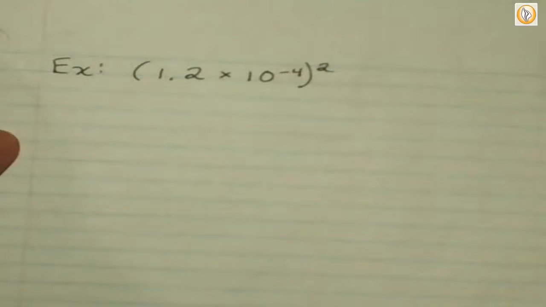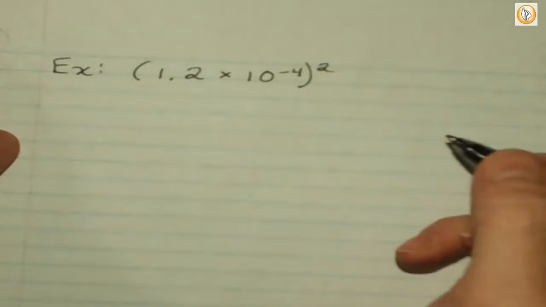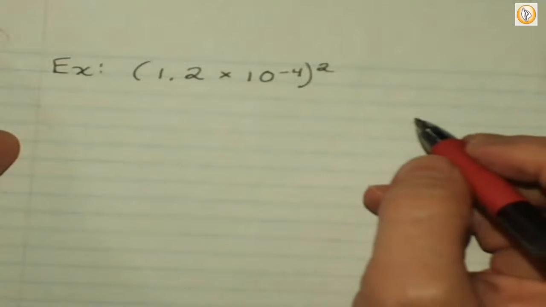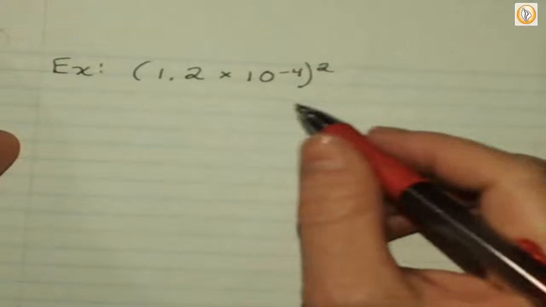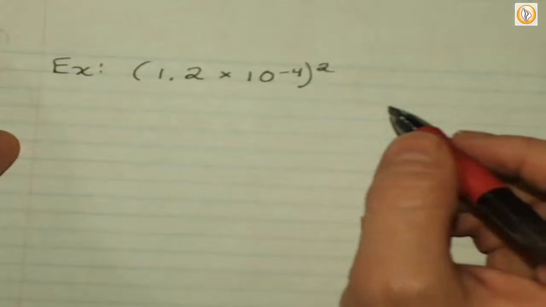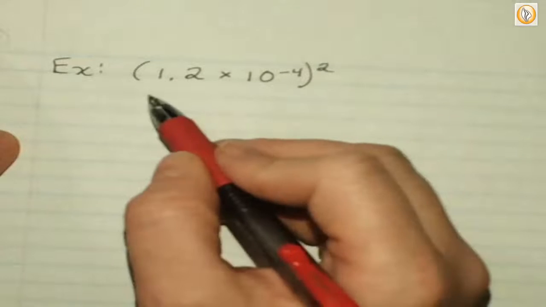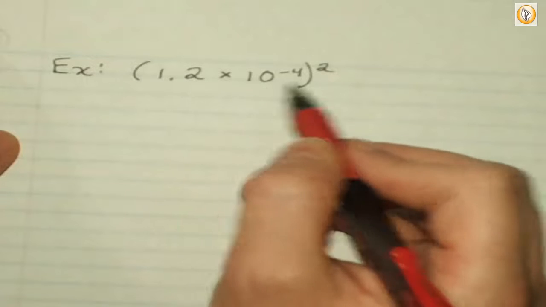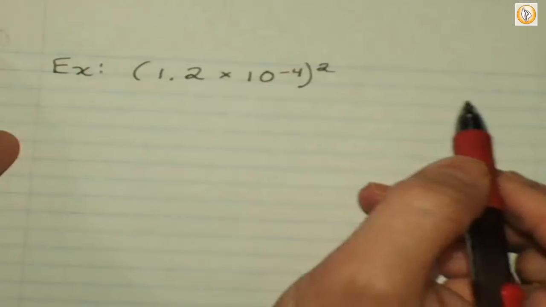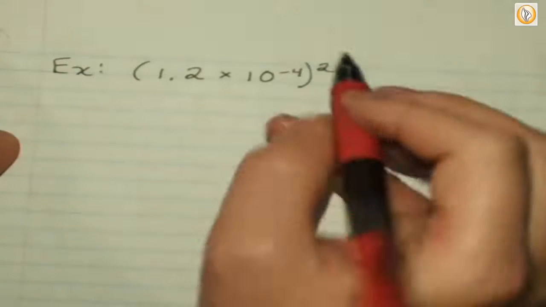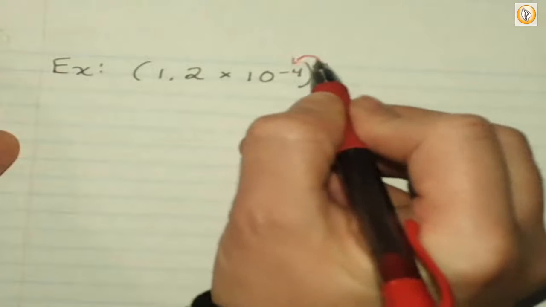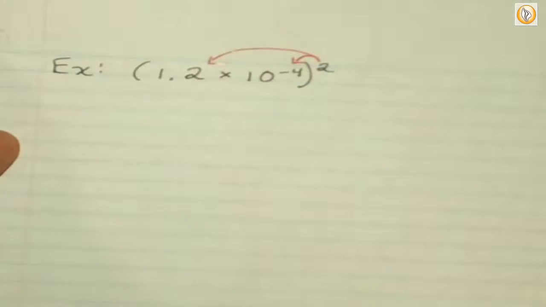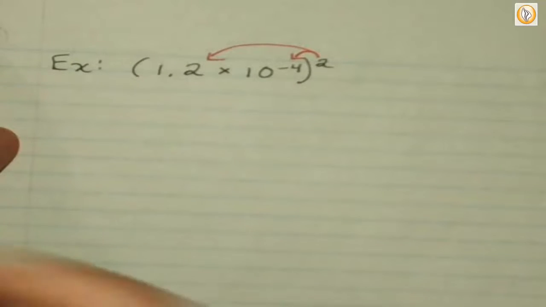Now, based on the exponents and the rules with them, you can do this in one of two ways. You can either rewrite this as 1.2 times 10 to the negative 4 times 1.2 times 10 to the negative 4, or you can apply it based on the rules to everything in there.